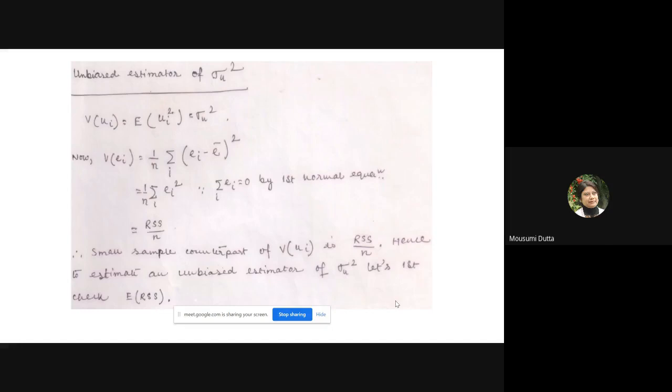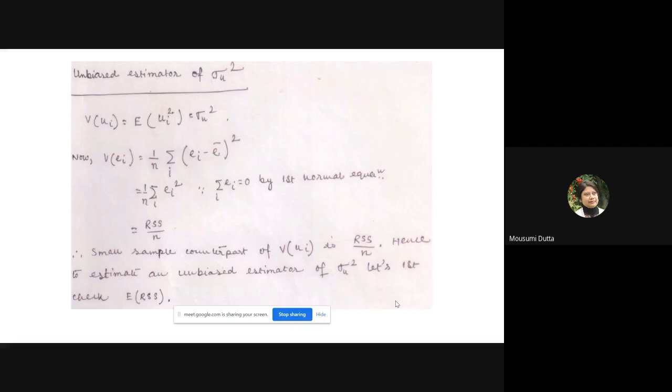So since in place of ui we are using ei, why not, when we are trying to find an unbiased estimator of sigma u square, start with the variance of ei. Once again, ui is not observable, so we replace ui by some sort of estimator, which we call ei, the residual.